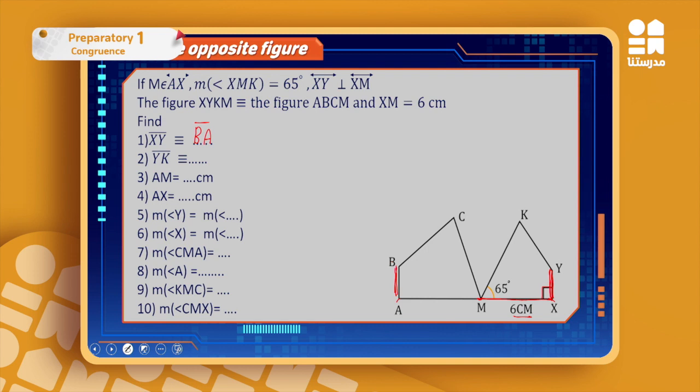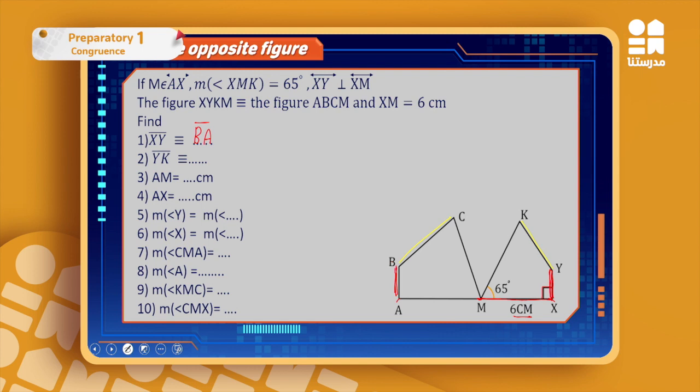The second one. The line segment YK is congruent to, let's have a look with a different color, this one, YK, is congruent with which side from the other polygon? This one.